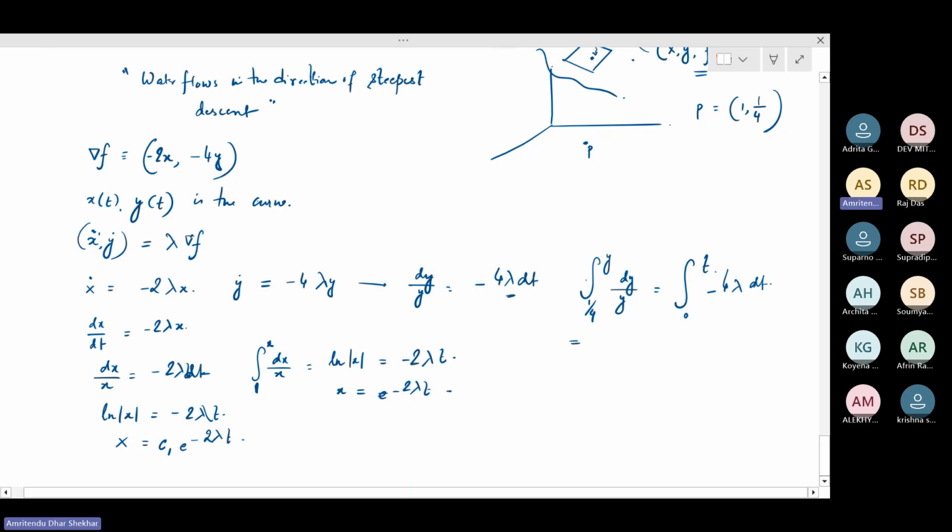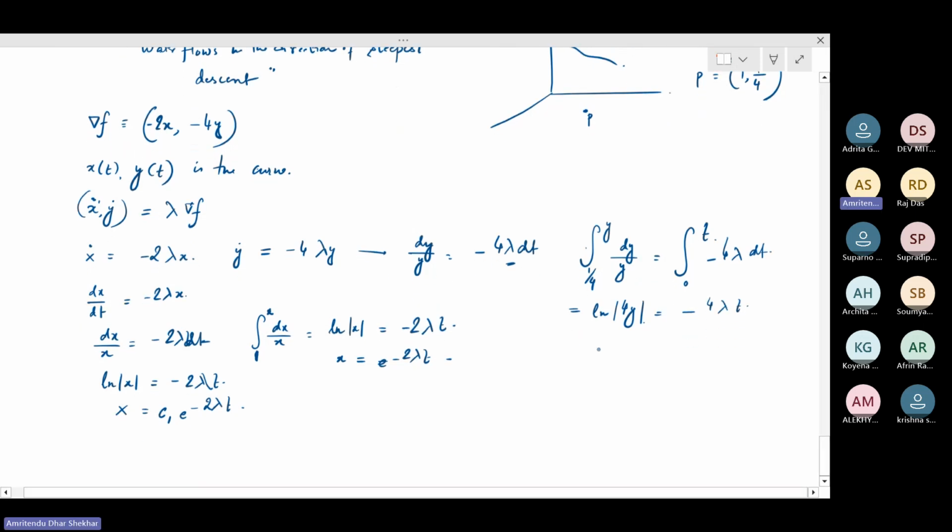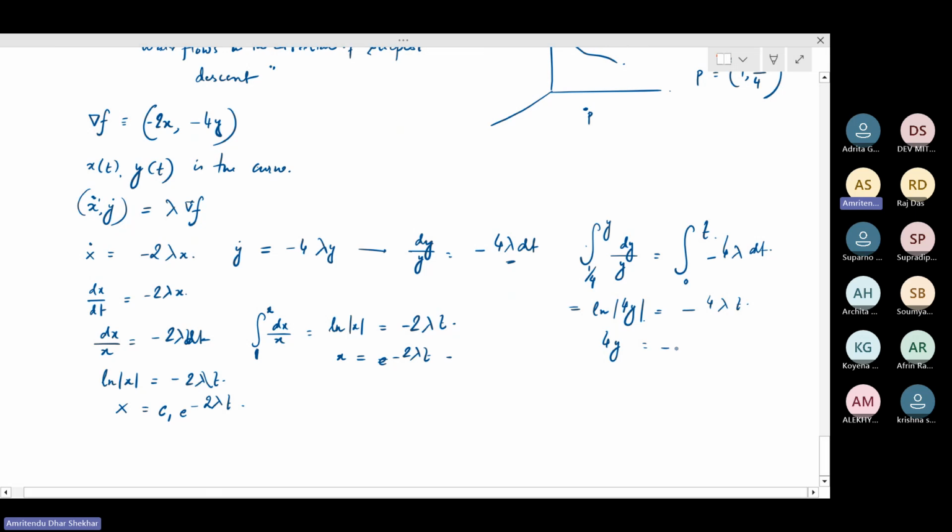So log of 4y is equal to minus 4 lambda t, which gives 4y is equal to e raised to the power minus 4 lambda t.